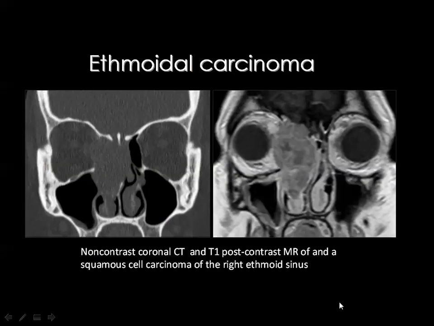And this is an ethmoidal carcinoma by CT and MRI. You see a mass centered in the right ethmoids with erosion of the cribriform plate, intraorbital extension, and erosion of the bony nasal septum. This is a post-contrast T1 MRI image showing the tumor extension inside the orbit, as well as some of the tumor extending intracranially.